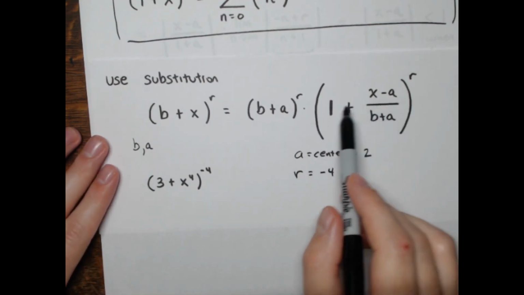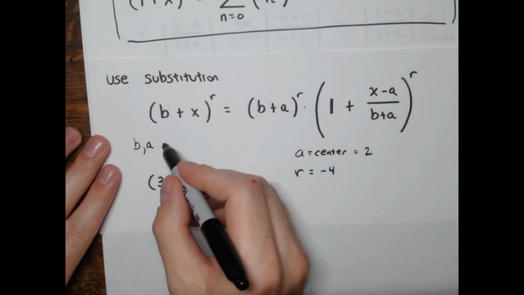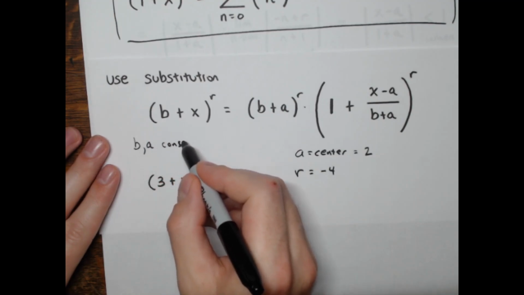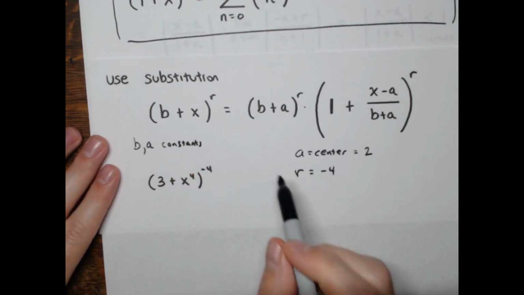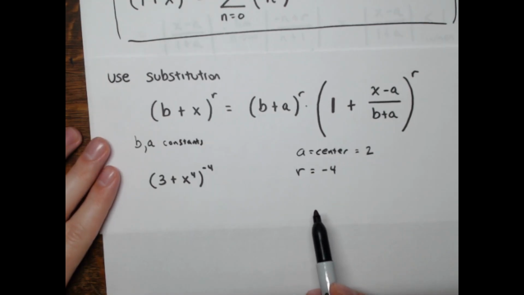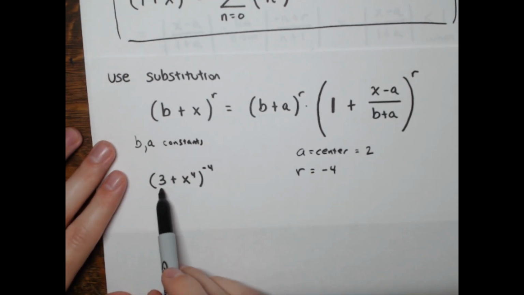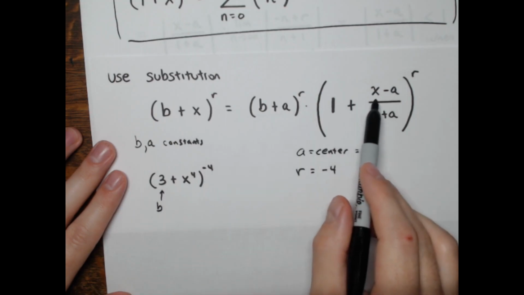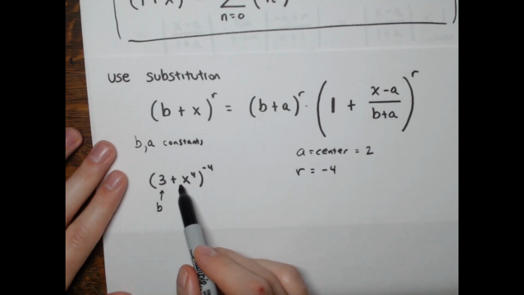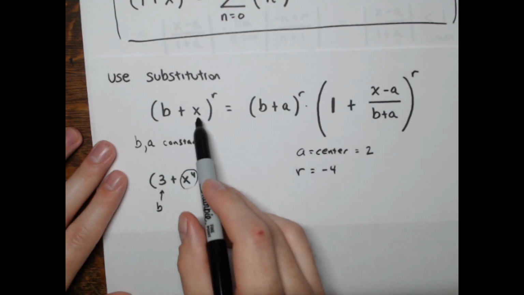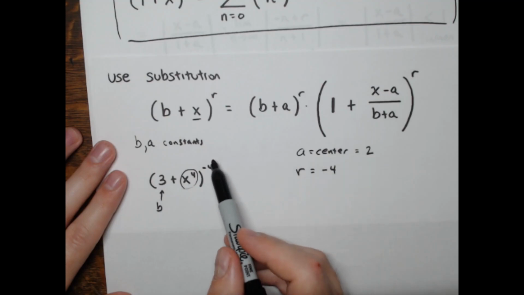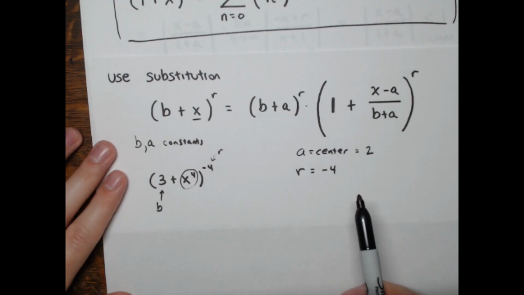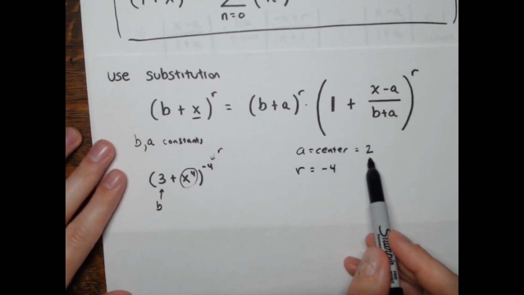So let's say b and a are constants. b is 3, this expression, and I'm going to replace all the x's with x to the fourth. This will replace this x here. Again, this negative 4 is r, and the center's at 2.